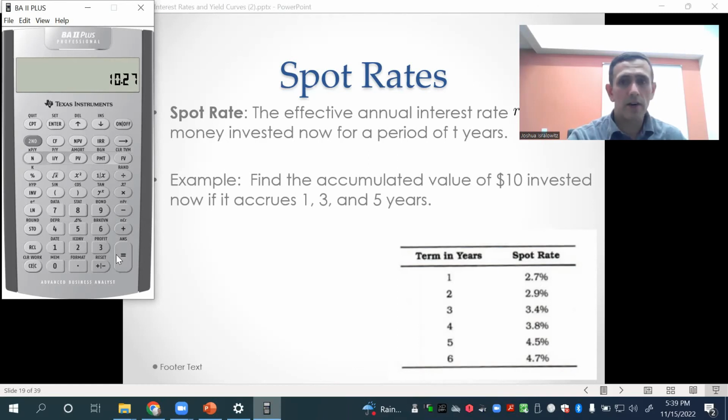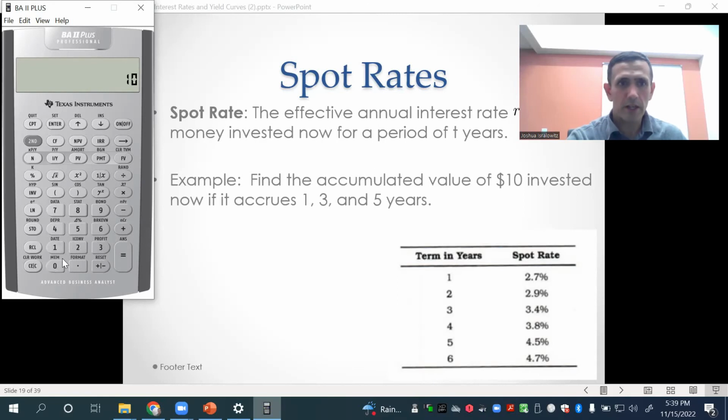So that's just $10.27. We have $10 invested for 3 years. We're going to get the per year interest rate of 3.4% for 3 years. So $10 earns 3 years of interest at 3.4%. That is $11.06.